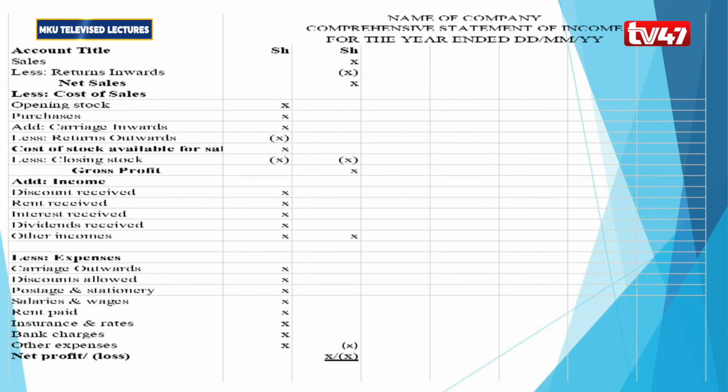When you reject goods by virtue of the fact that, say, they just don't fit your specifications, the amount that you incur in terms of transport from the business back to the supplier, we refer to that particular expense as carriage outwards. So this one doesn't form part of cost of sales.